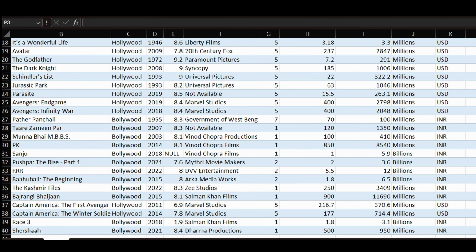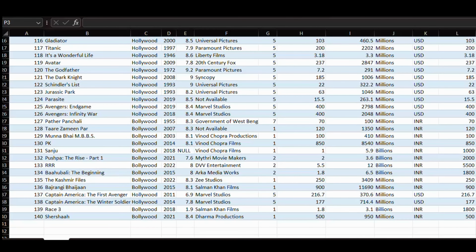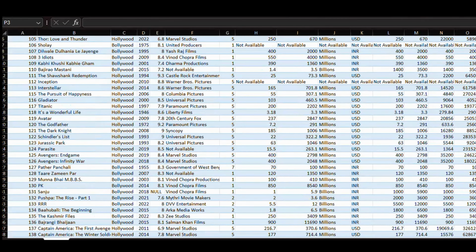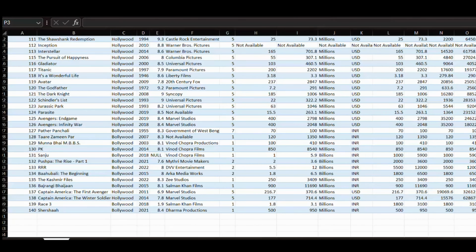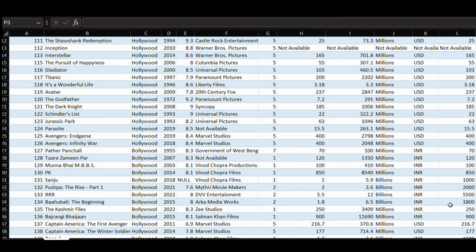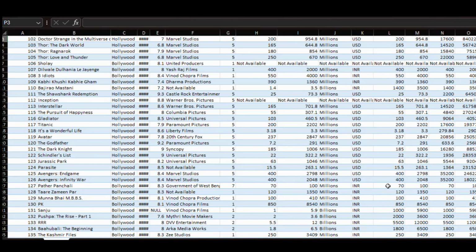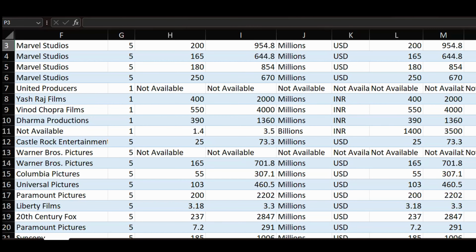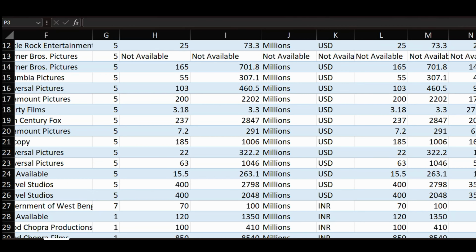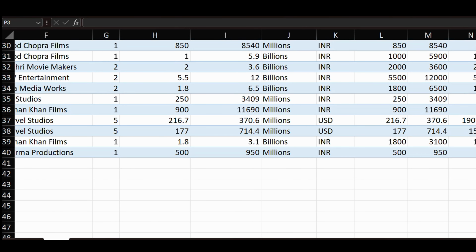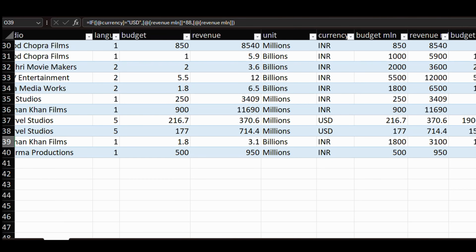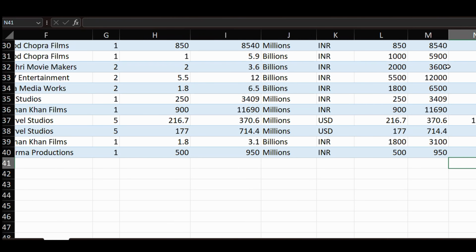Now you have to find what? You can get the total revenue and the total, total what? So I want the total revenue. So how do I get the total revenue?